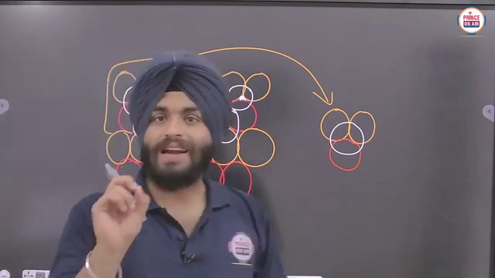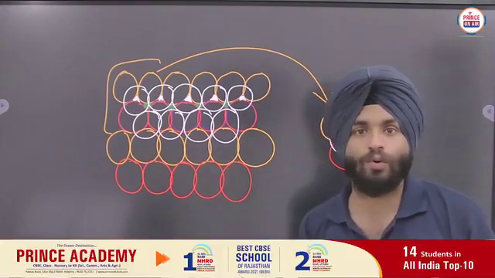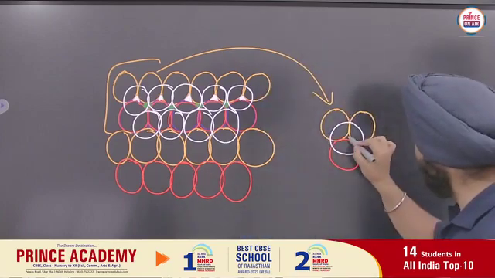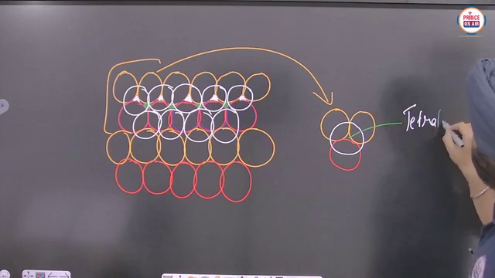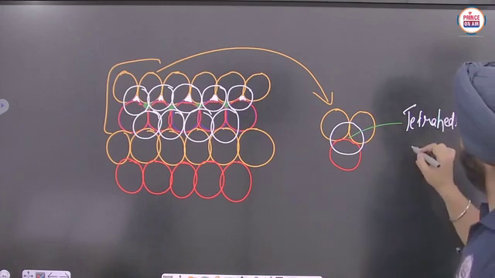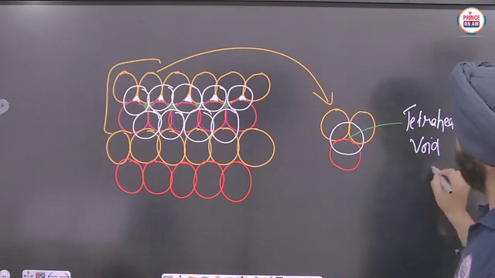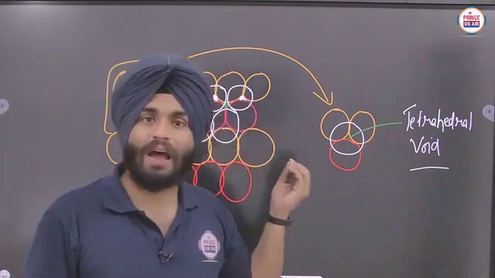Now that empty space is known as a tetrahedral void. Void means empty space, and it is making the tetrahedral shape.